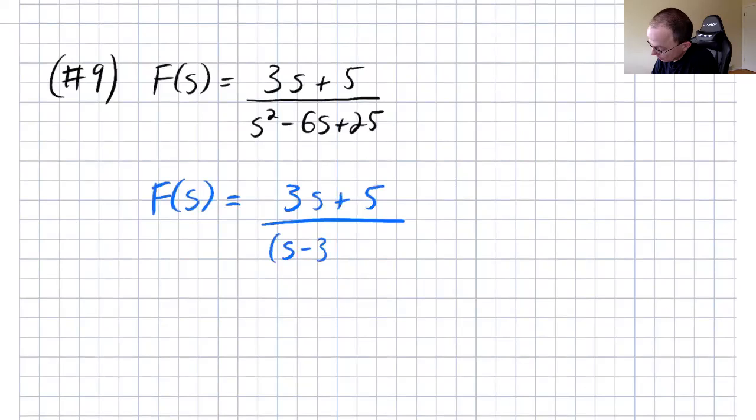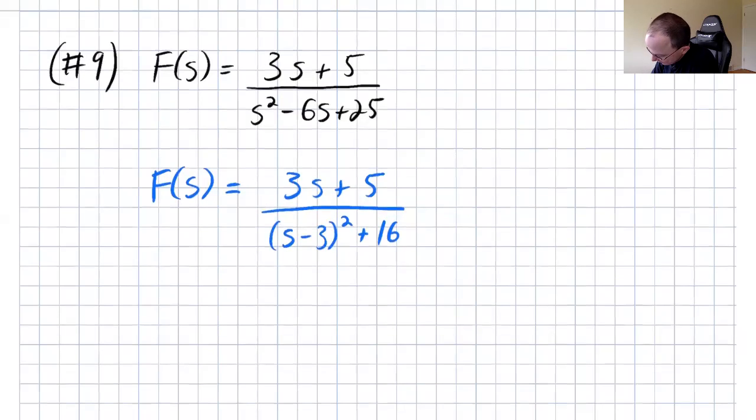So s minus 3 squared would give me s squared minus 6s plus 9, but I have plus 25. So if I take the 9 from the 25, that will leave me with 16. So that's how we can factor that bottom part.